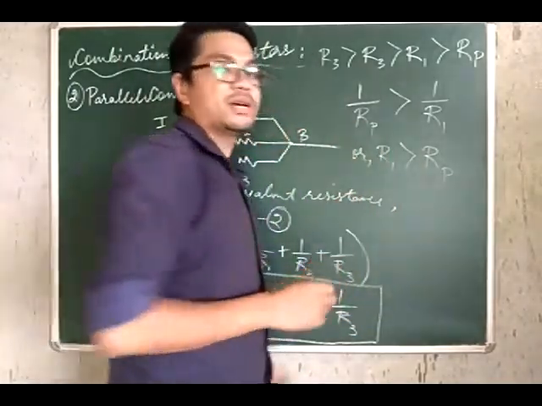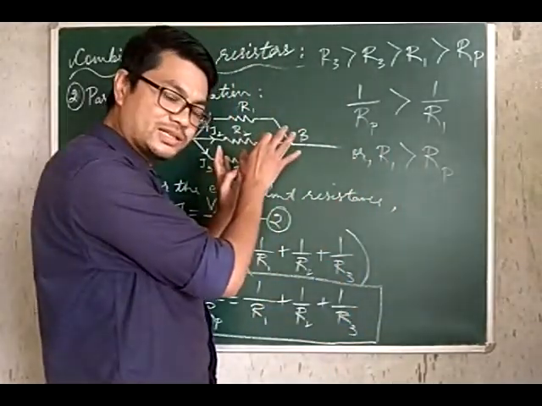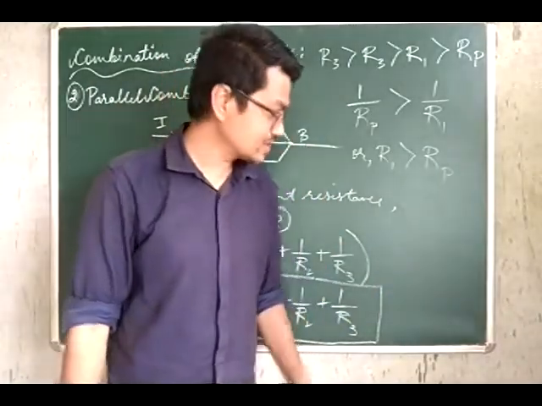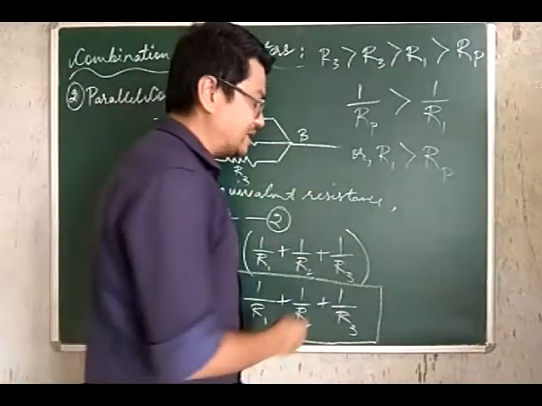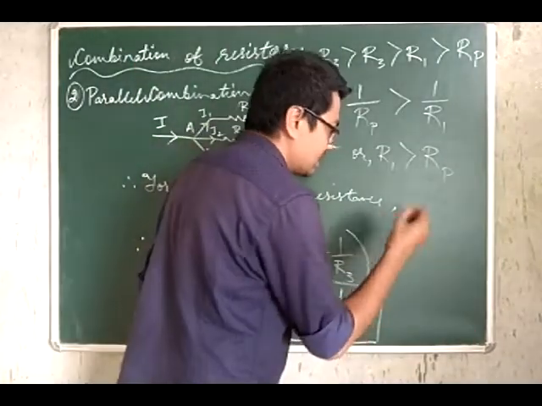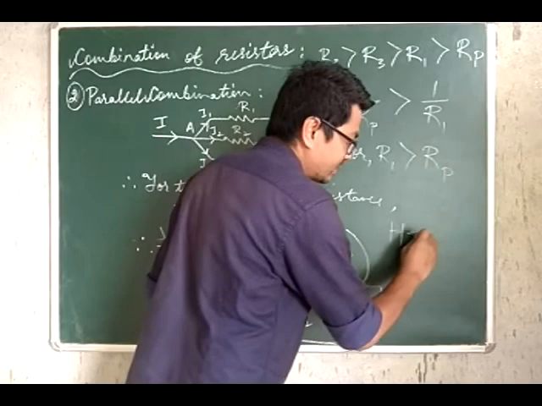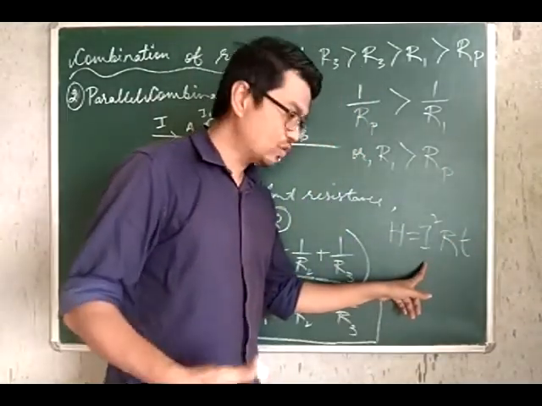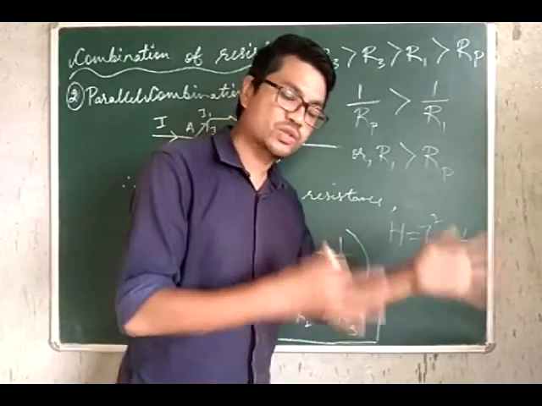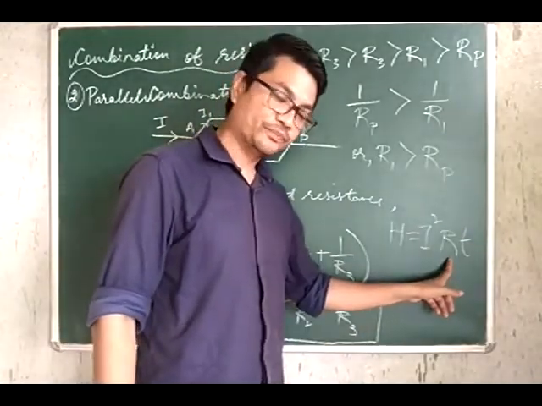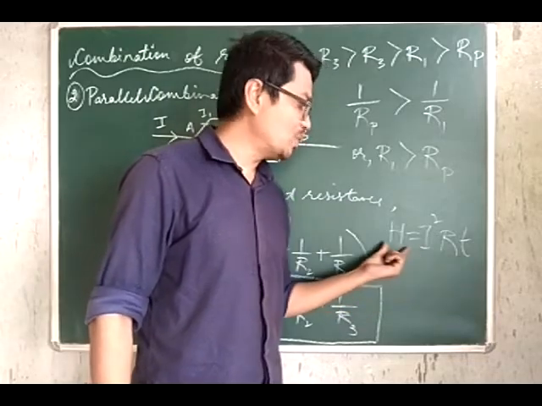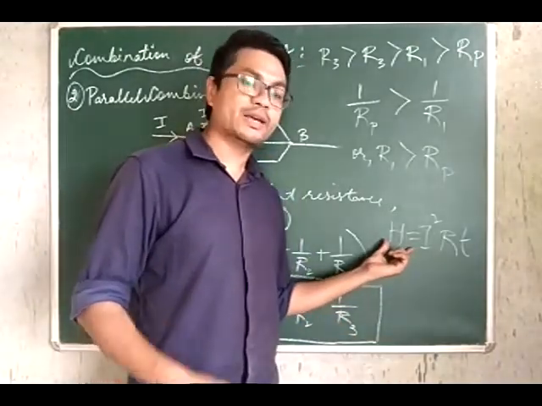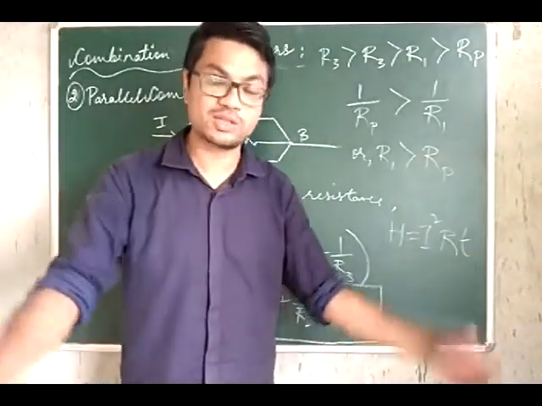Now, the lesser the resistance in the circuit, the lesser the energy dissipated, because there is something called Joule's law of heating, which is not in the syllabus. According to Joule's law of heating, the amount of energy generated is equal to I squared RT, where I is the current flowing, R is the resistance, and T is the time for which the current flows through the resistance R. So the greater the resistance, the more heat energy is produced, meaning more energy is dissipated or lost.